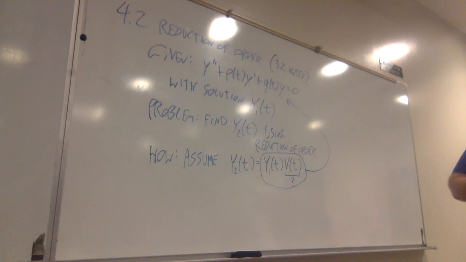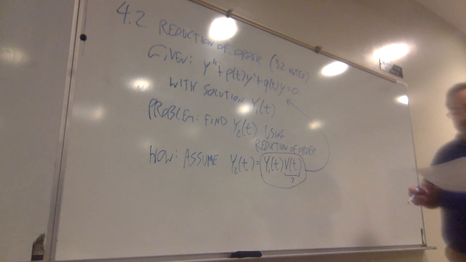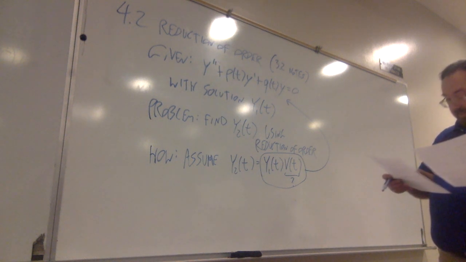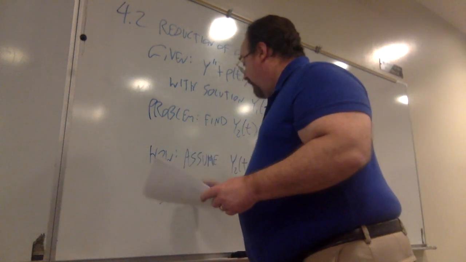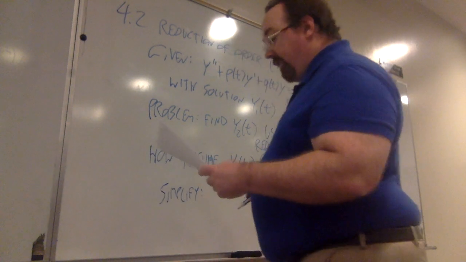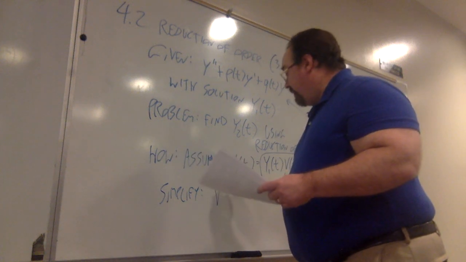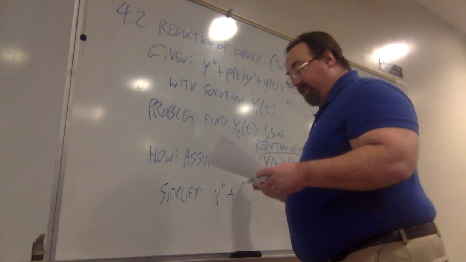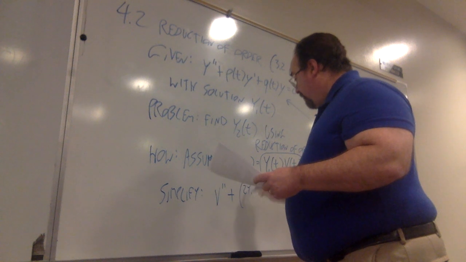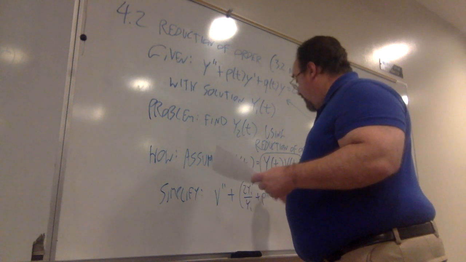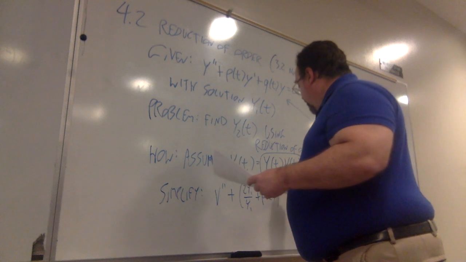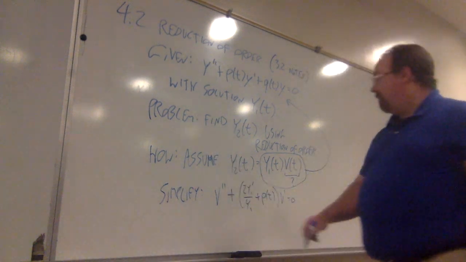So when you do that, as much as you can, then you have this equation: v double prime plus (2y1 prime over y1 plus p of t) times v prime is equal to 0.